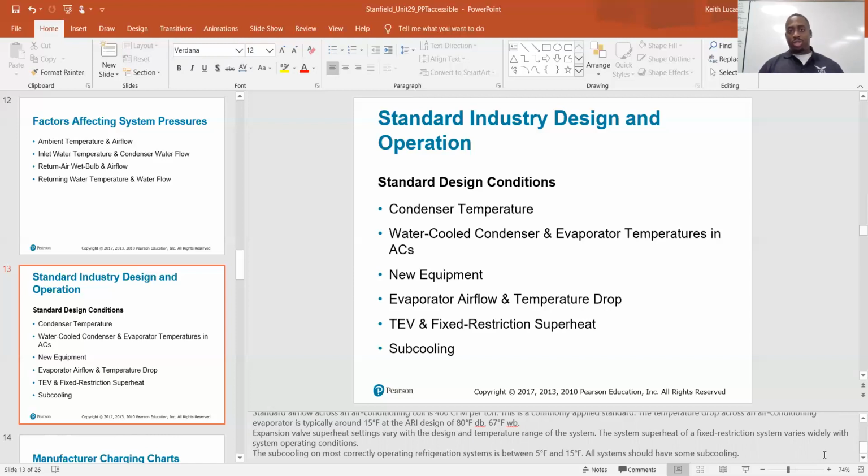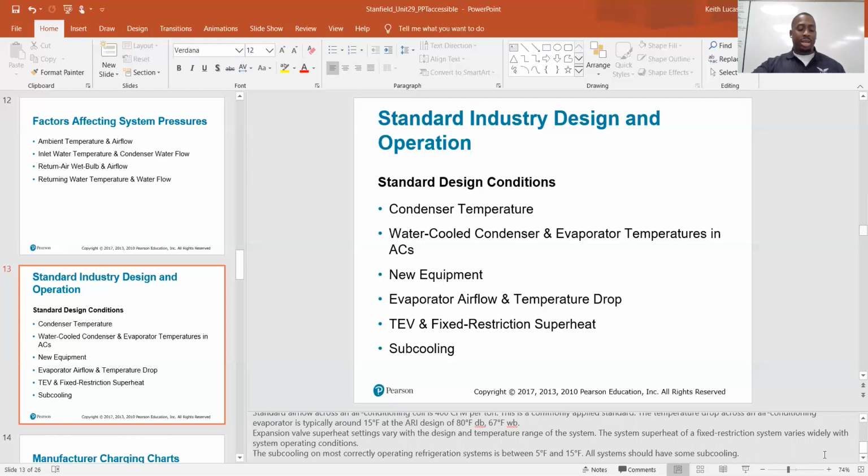If there's a charging chart available, definitely use it. We went over it before in class, so we'll go over it again however many times we need to, so everybody can get it, or at least get the ones that we have here, because they do change from one manufacturer to another. But there's usually a charging chart that'll tell you what the target subcooling will be for that unit under those current conditions.